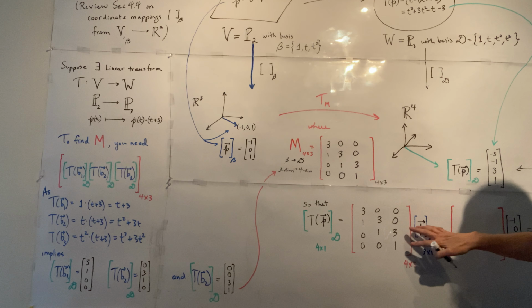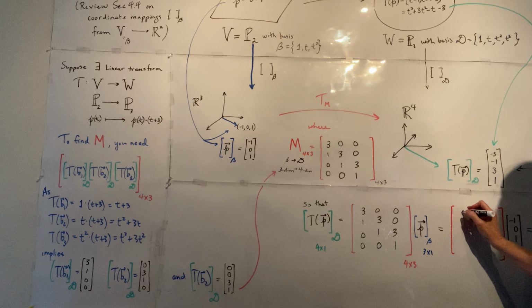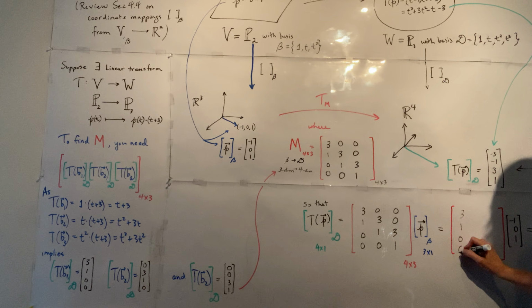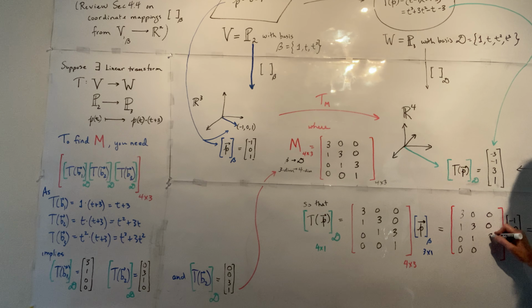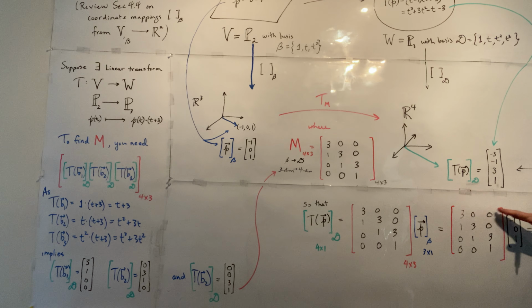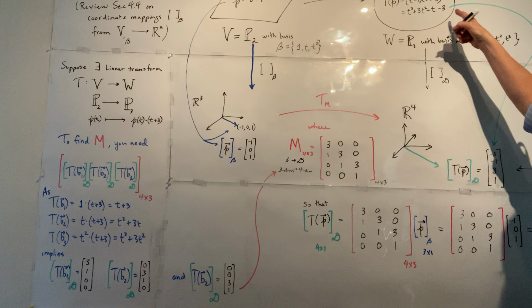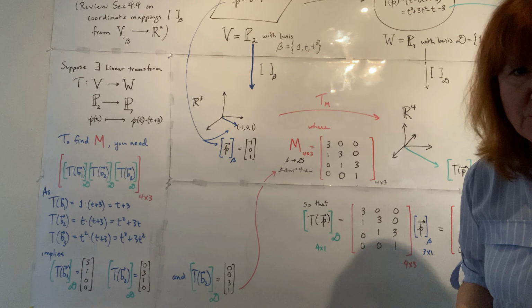If I multiply negative 1, 0, 1 on the left by that matrix, what do I get? Well, the first thing I get is a negative 3. The next thing I get is a negative 1, and then 0. Then I get a 3, and then I get a 1. And that is exactly what we got the hard way by doing the linear transformation using a lot of algebra on polynomials.